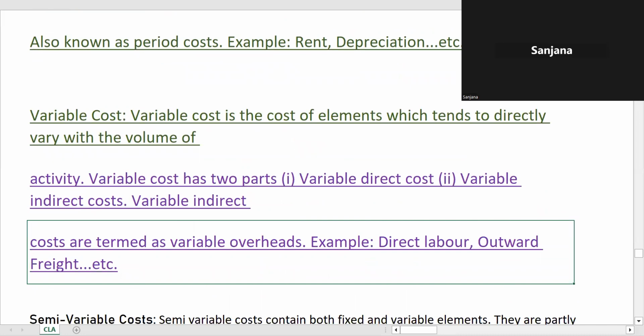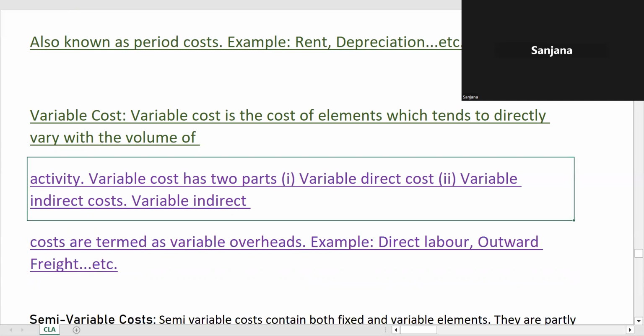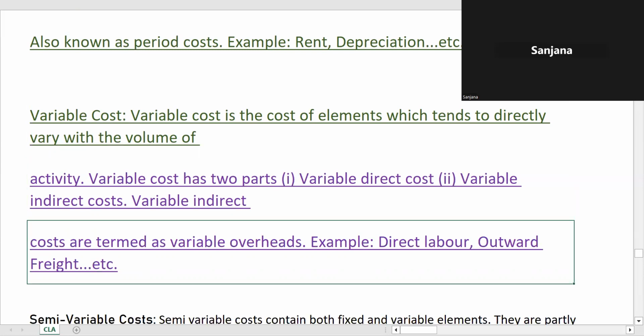You can have some direct cost and some indirect cost in variable overheads. Variable here means you are incurring it with every different unit. That is what is to be observed here. So this is your variable cost.